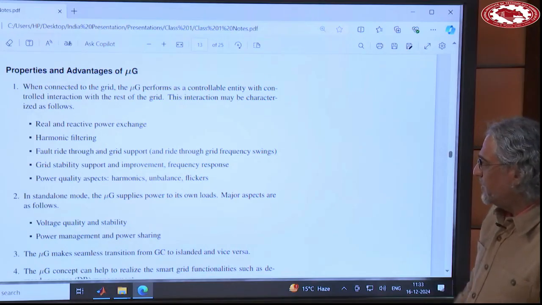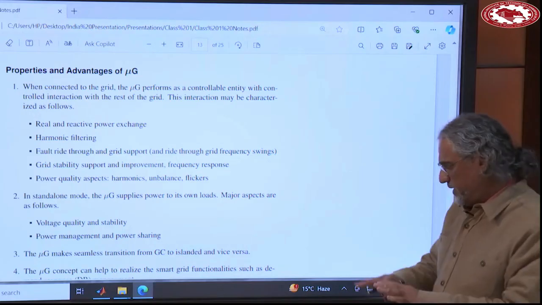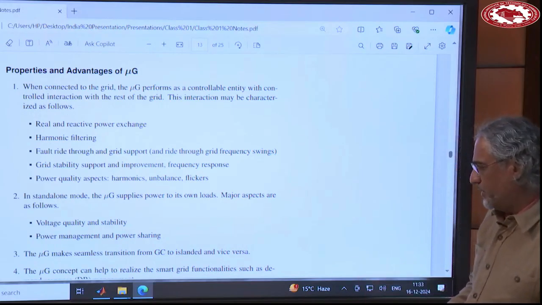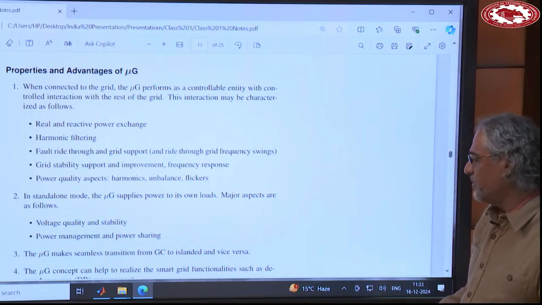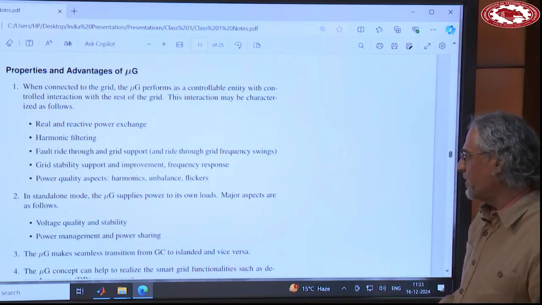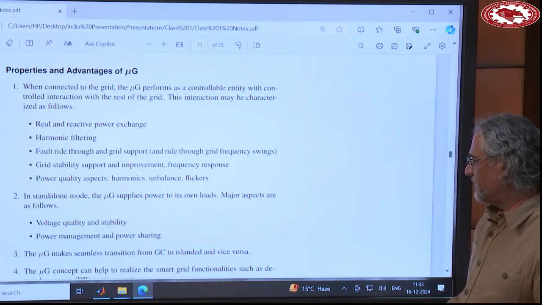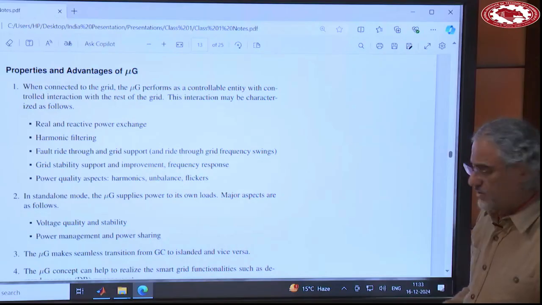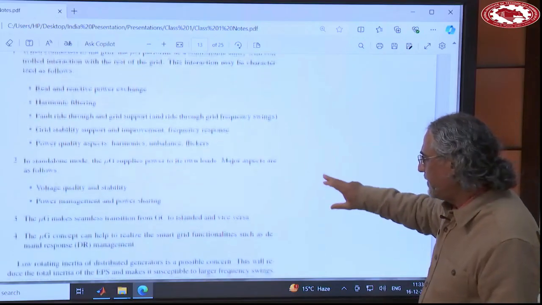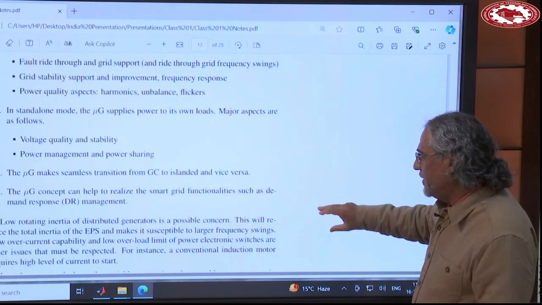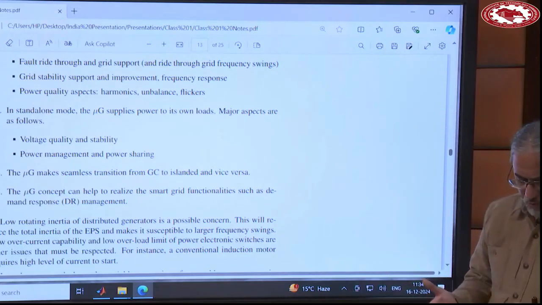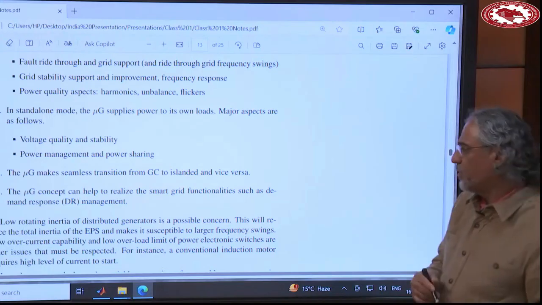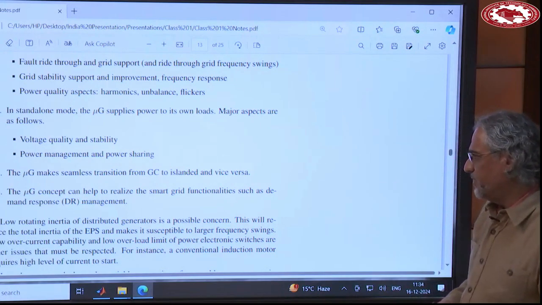And when it is disconnected from the power grid, if it needs to operate as an autonomous system, the voltage quality across this microgrid's terminals or nodes is very important, and power management and power sharing of the generating units inside the microgrid. Ideally it should be able to operate in both modes, grid connected and islanded mode, and transition from one mode to another without difficulty.